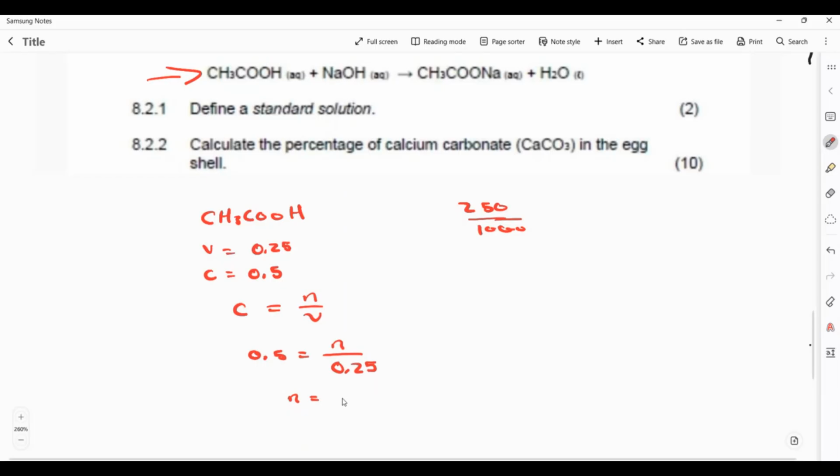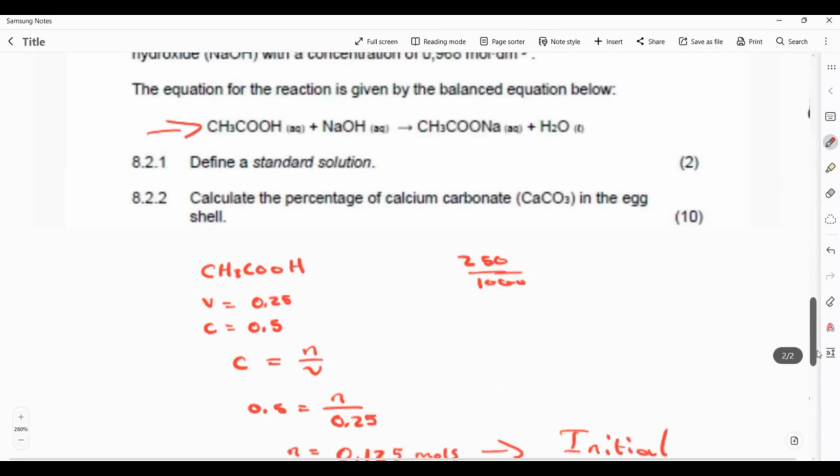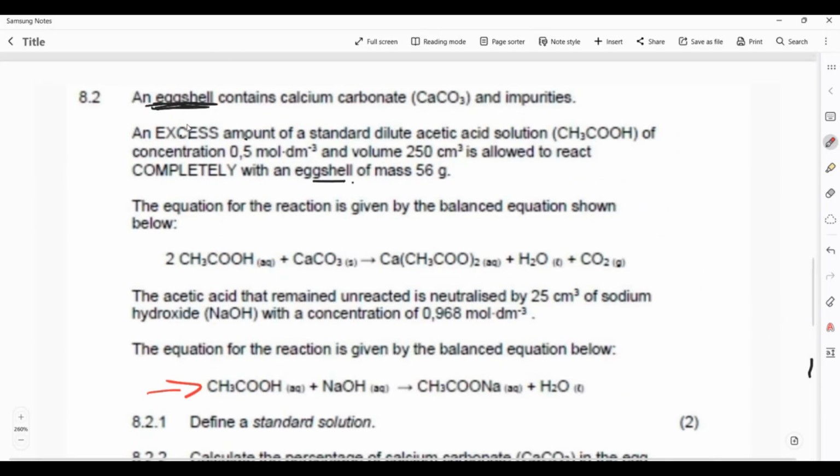0.125 moles. So this is the initial number of moles. Why? Because we are using the information displayed there. They said an excess amount of standard dilute acetic acid solution of concentration 0.5 and volume 250 is allowed to react.